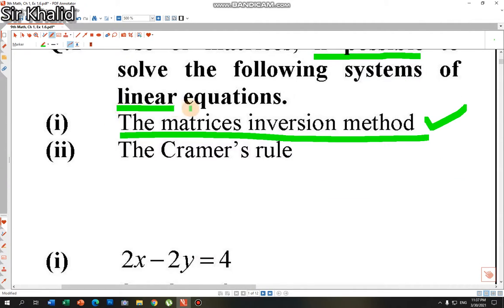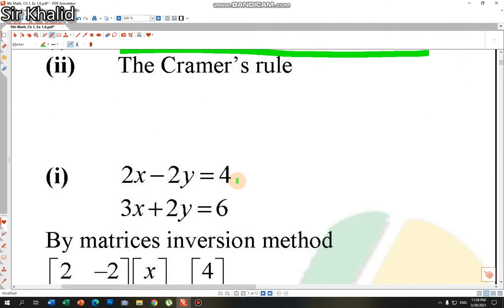Linear equations. What are these linear equations? Linear equations are those in which the variables have power, degree, or exponent as 1. Now 2x minus 2y is equal to 4.